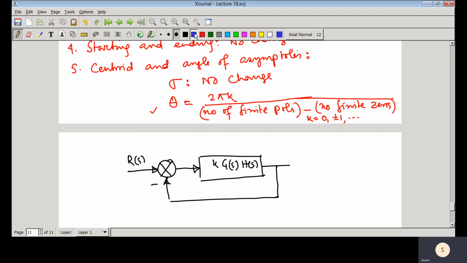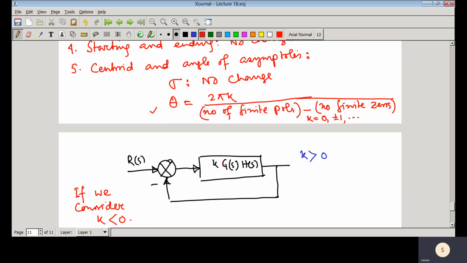So far in the negative feedback structure we have considered k greater or equal to 0. So k greater than 0. So now what would be the root locus if we consider k less than 0? So that means what would be the root locus whenever k is negative.